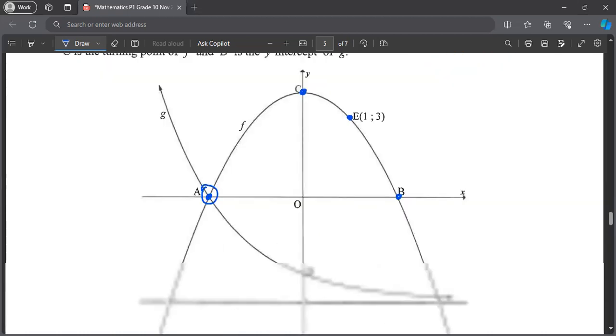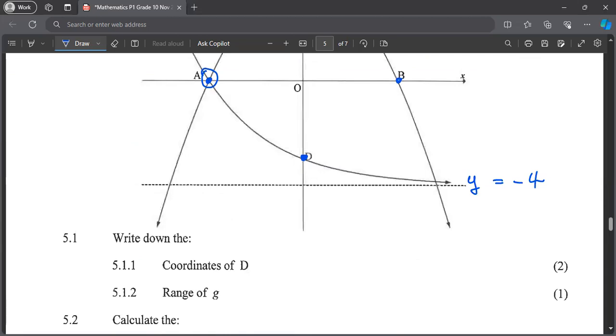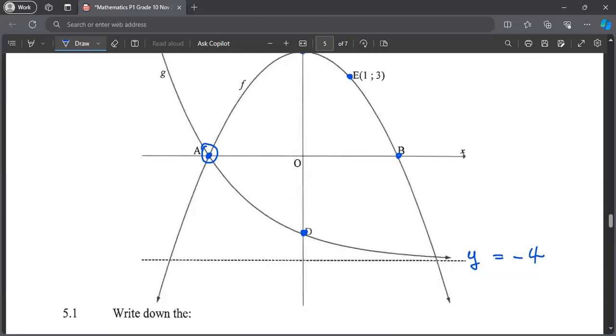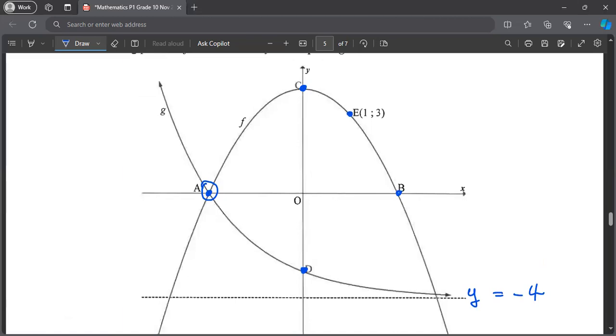Right. Then the second question says, write down the range of g. So what is the range in simple language? It's just where the function starts in terms of y values and where it ends. If you look at this exponential function, you can see that in terms of y values, it starts at -4 because you don't have the graph anywhere below -4.